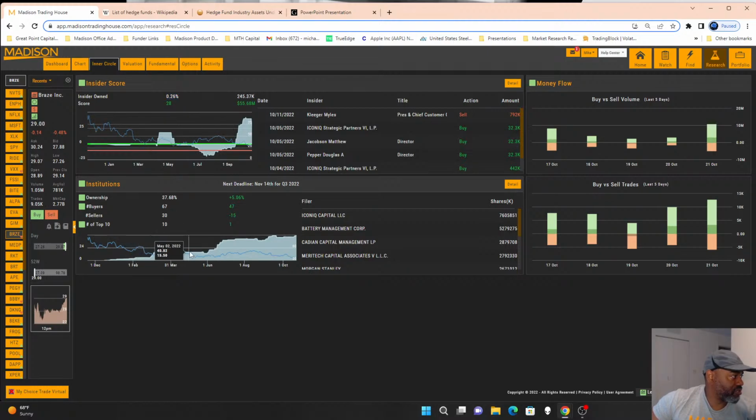I've got a very good amount of buying activity coming in on the stock. Consistent increases in institutional ownership. I see a 5.06% increase, 37.68% institutional owned, 47 more buyers, 15 fewer sellers, one more top 10. So this looks like something that's being accumulated on the lows.